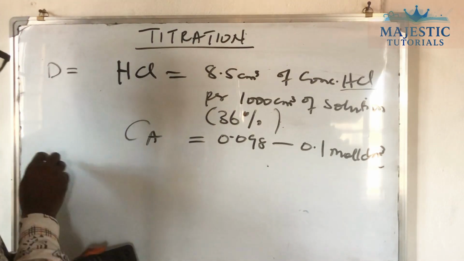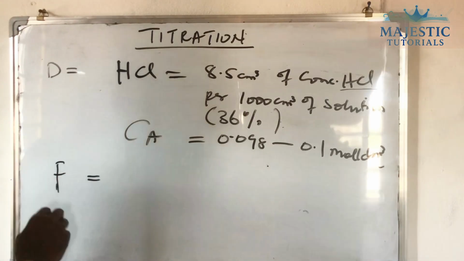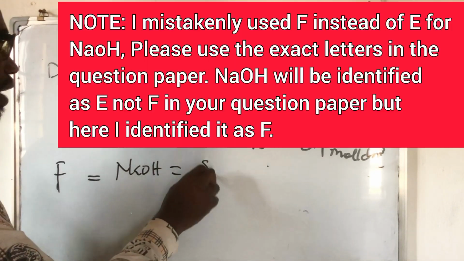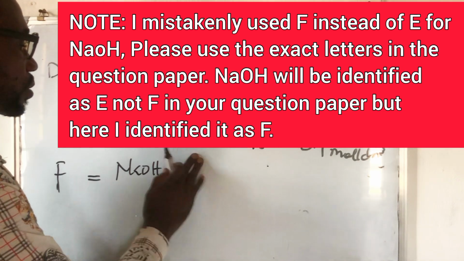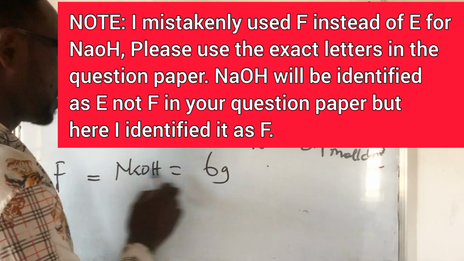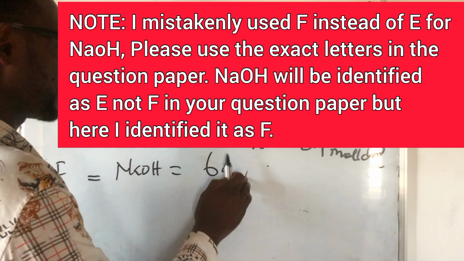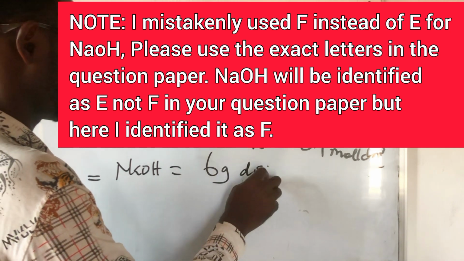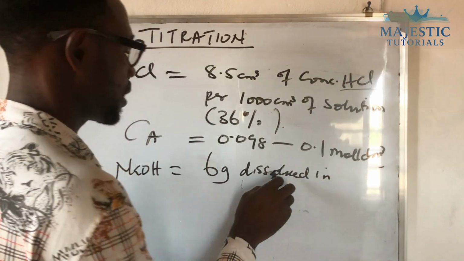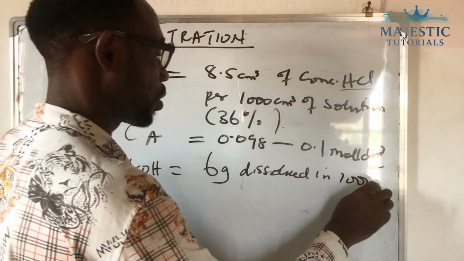Then F is supposed to contain sodium hydroxide. You are told to measure 6 grams of this and dissolve it in 1000 cm cube of what? Solution.